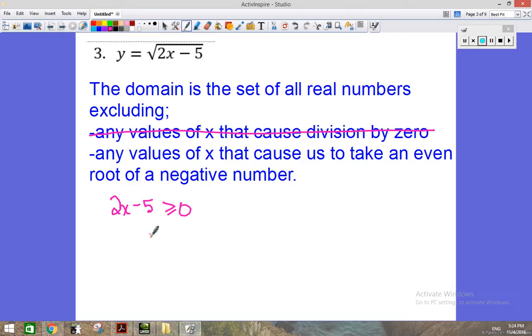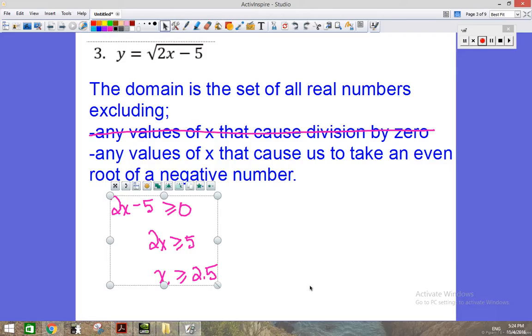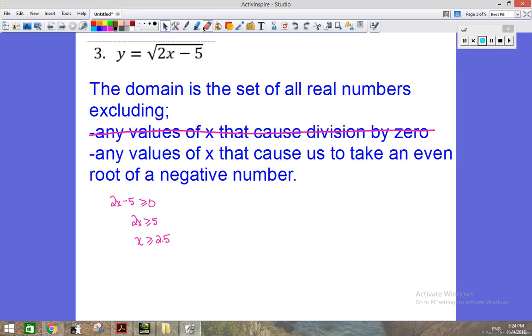Let's add 5 to both sides. Let's divide by 2. Half of 5 is 2.5. So my domain, let's draw it on a number line here.